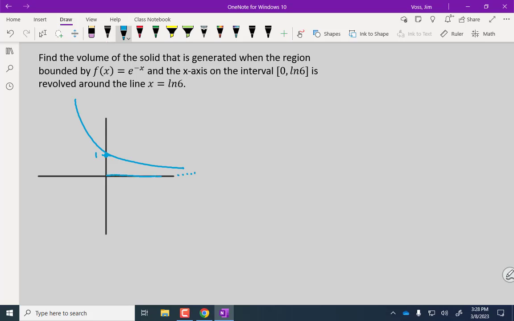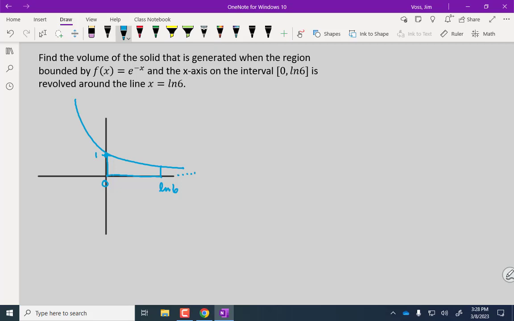And then it tells us the walls, or the left side and the right side, are from the interval 0 to natural log of 6. So we'll call that 0, and we'll call that natural log of 6. So there is our region. There should be no ambiguity. If you're asked for a region, you shouldn't have to say, oh, is it this one or this one?